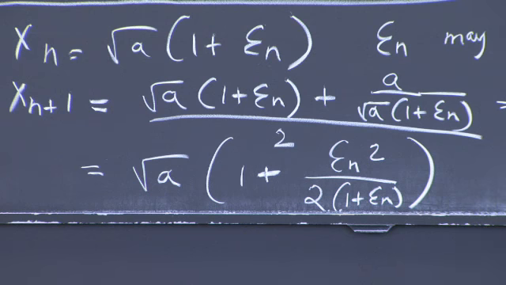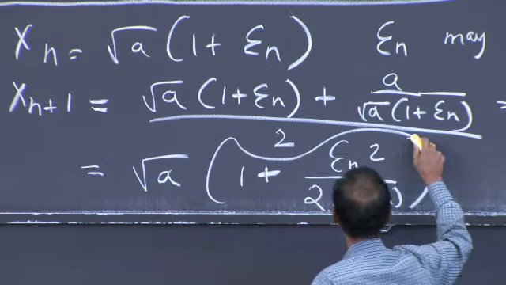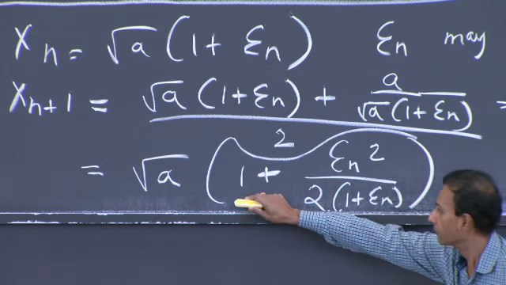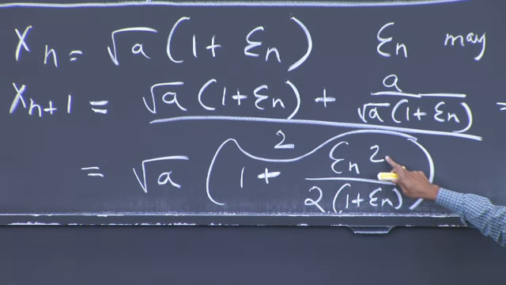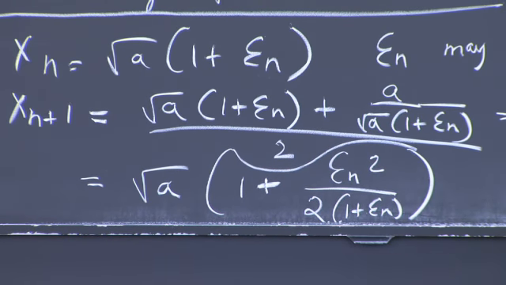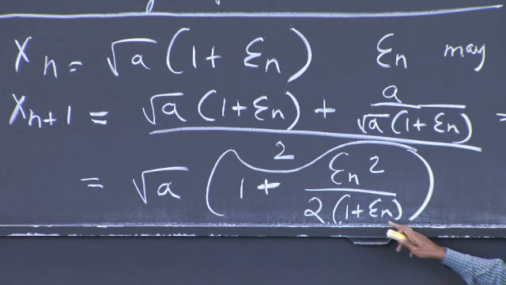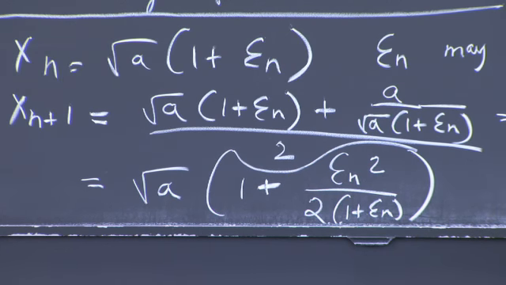Which is x_{n+1} is square root of a times (1 plus epsilon n squared) divided by 2 times (1 plus epsilon n) down at the bottom. Okay?